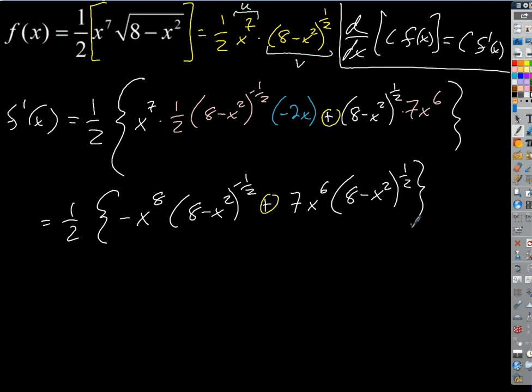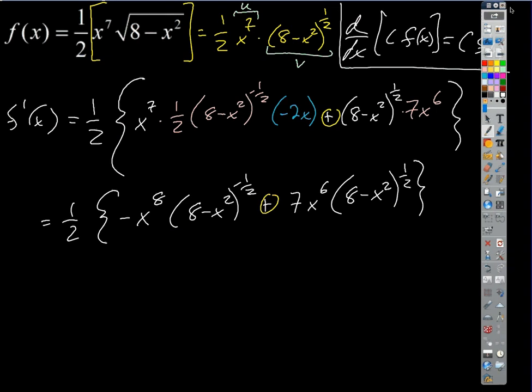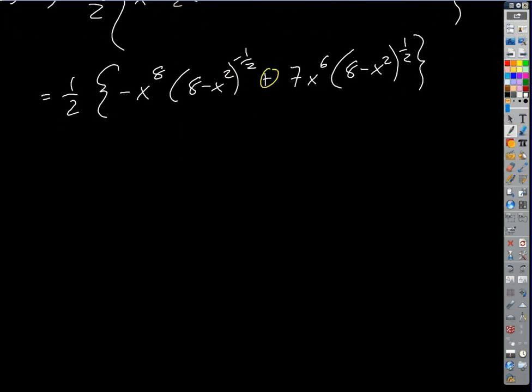Okay, so now our goal is we want to simplify this, but in the process of simplifying it, we'll be factoring, right? So we can factor stuff out. We can factor out the least powers of the like bases, right? So what are our bases here? x, because I've got x to a power, and my other base is 8 minus x squared.